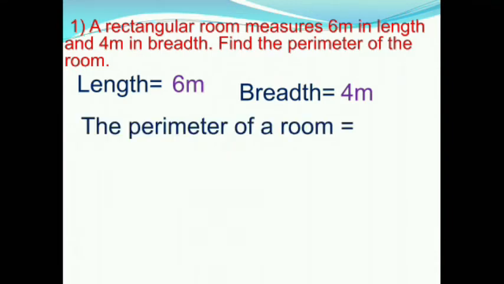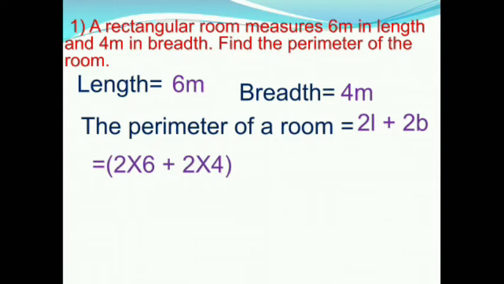The perimeter of a room is 2L plus 2B. L means length, B means breadth. Length is 6 meter, breadth is 4 meter. Now we should multiply length and breadth by 2 and add it.